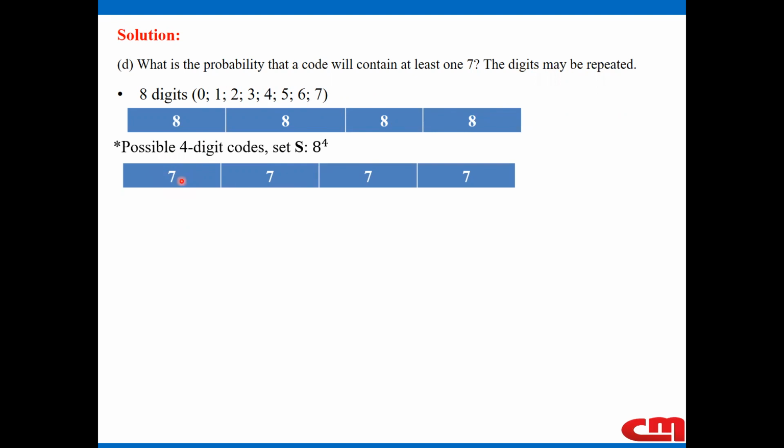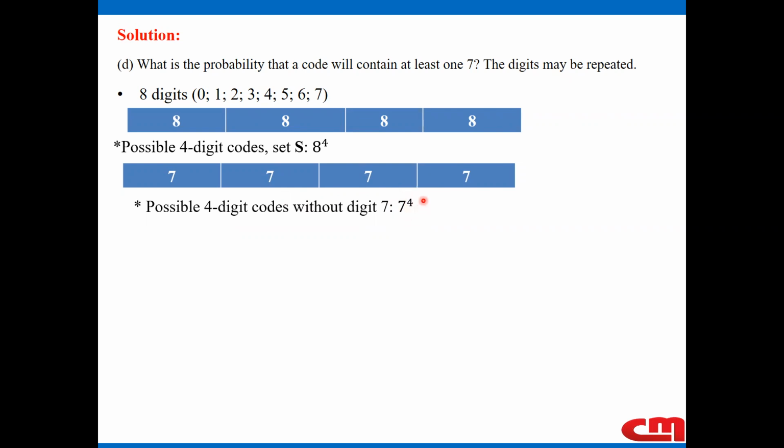The result of doing this is that we are simply saying possible 4 digit codes without digit 7. I've removed it. Then 0 to 6, I'm using 7 digits, right? So it will be 7 to the power of 4, 7 times 7 times 7 times 7. So this result, we don't have any 7 in it, right?